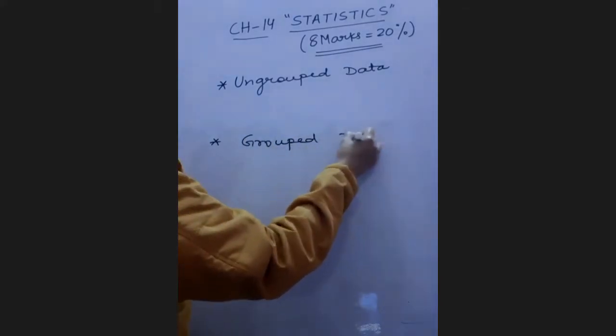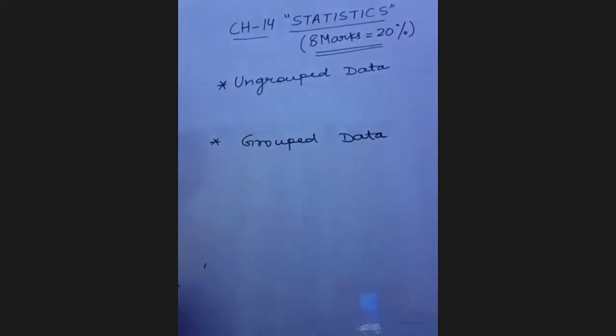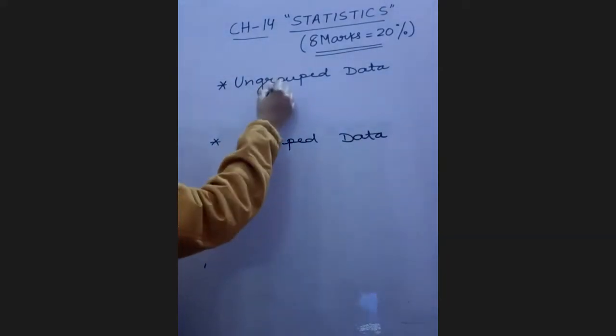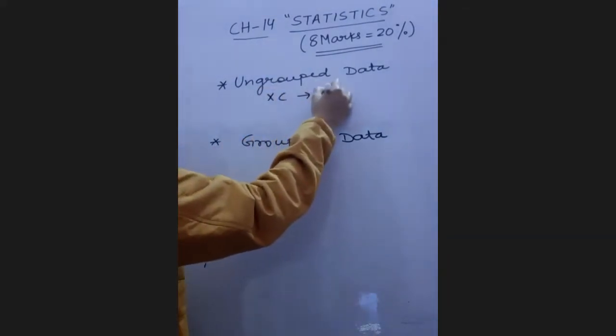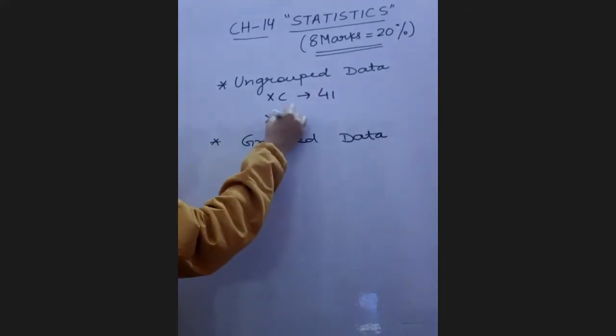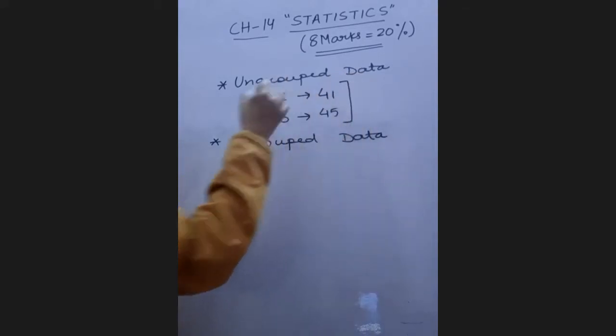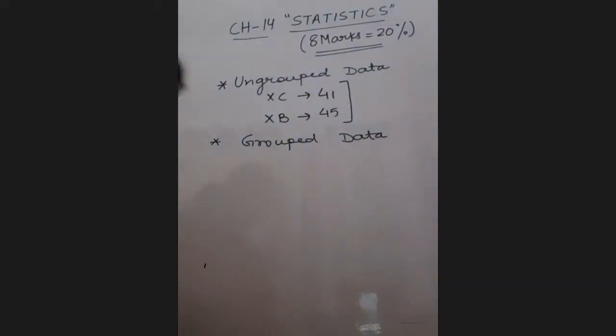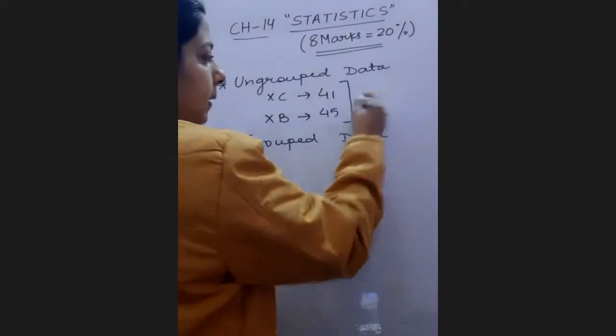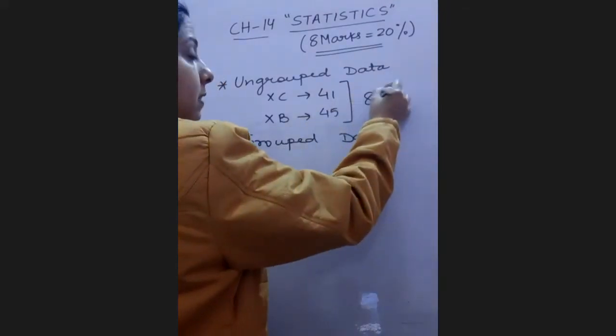Now, children, we had a maths test on Tuesday, right? In 10C, 41 students took part, and in 10B, 45 students were present for the test. So, in all, how many students gave the test? 86.